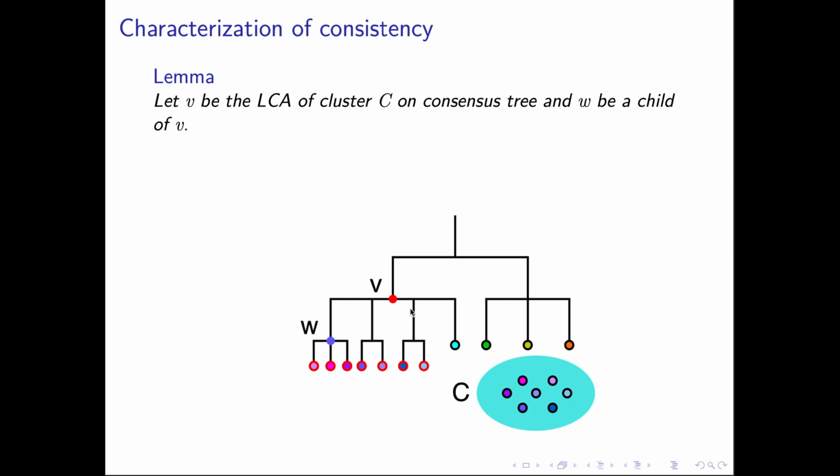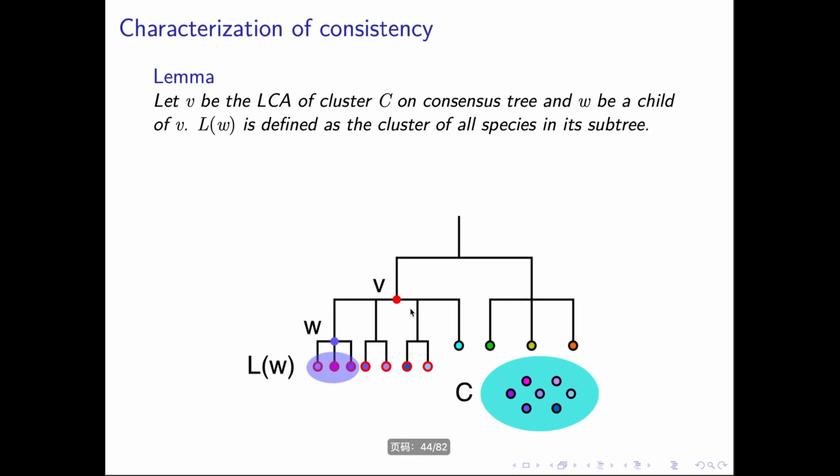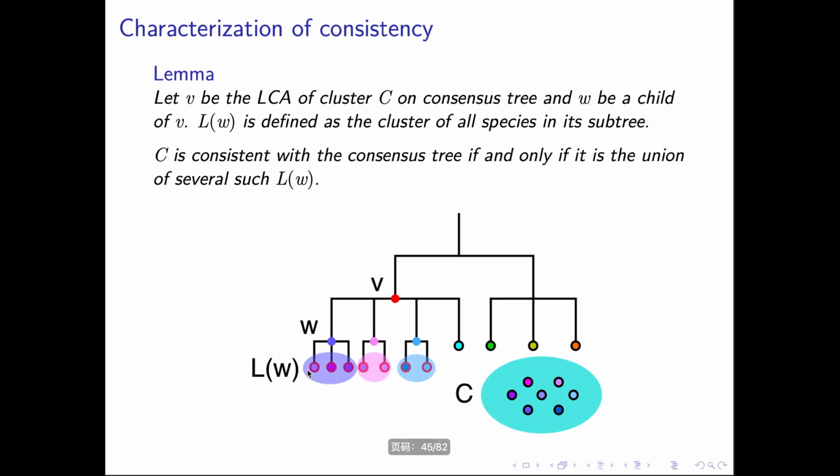Then let W denote a child of V. The LW is just the cluster in the subtree of W. We have the following fact. The cluster C is consistent with our consensus tree if and only if it is the union of several such LWs. For example, here, C is consistent with our consensus tree because it is exactly the union of these three LWs.